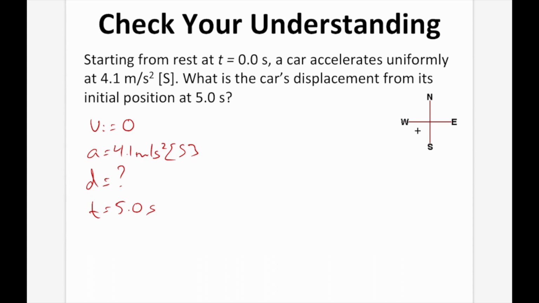So the next thing we're going to do is figure out what our positive direction is. We're told that they're moving south, so either southwest or southeast would be a positive direction. In this case, I picked southwest as our positive direction. Now what equation do we need?